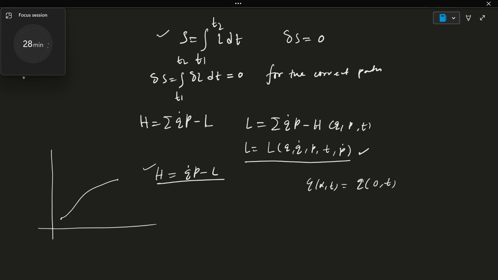So H is this, and q for the slightly varied path, q(alpha, t), is equal to q for the actual path plus alpha times some eta of t.